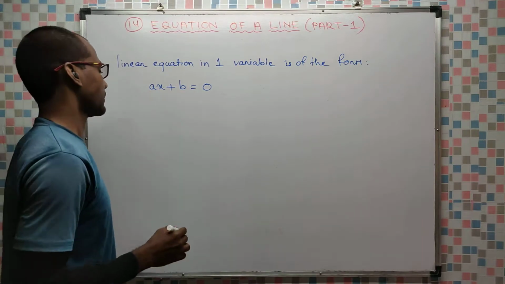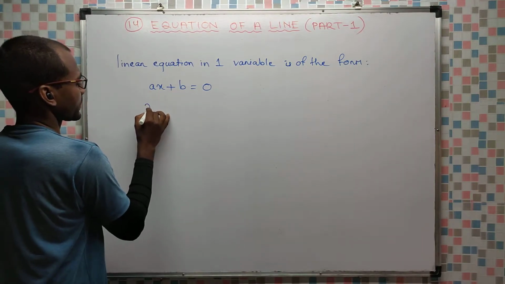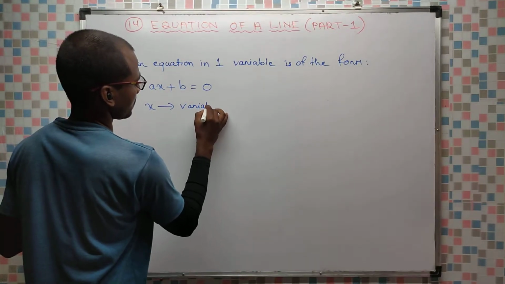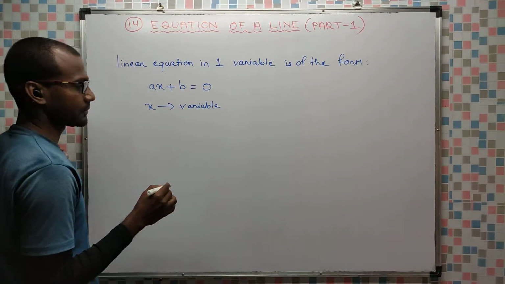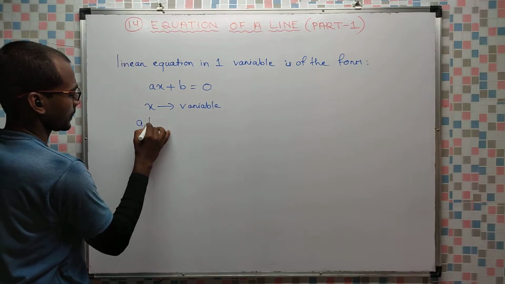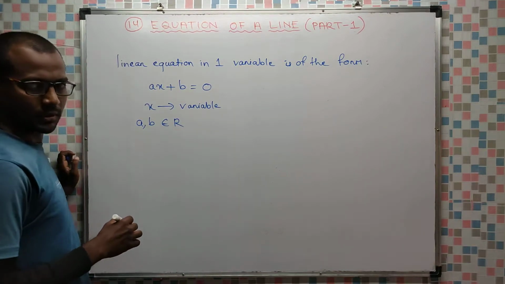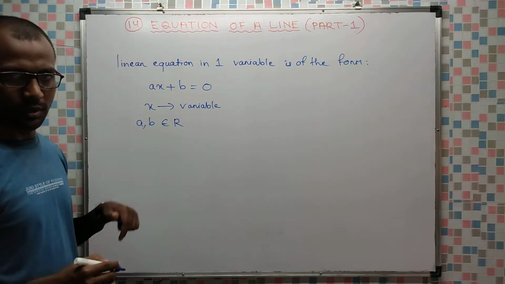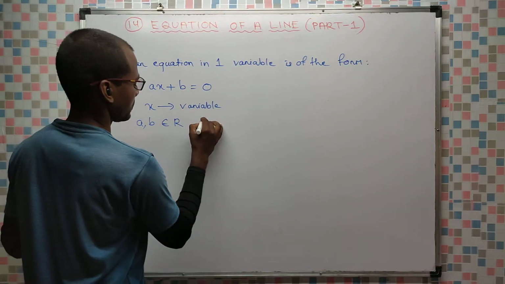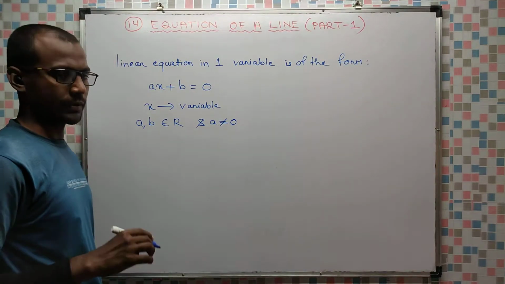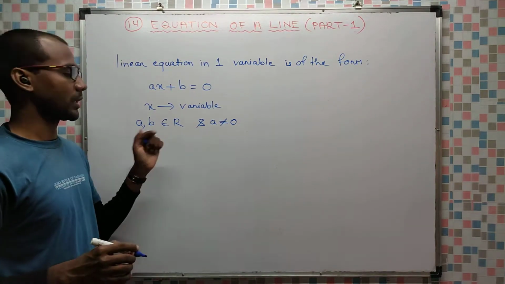You know this form already. Here x is the variable, a and b are real numbers, and a is not equal to 0. a cannot be 0, b can be 0.